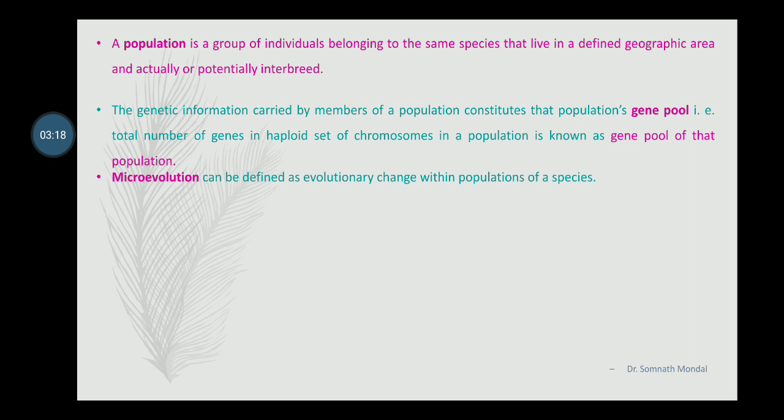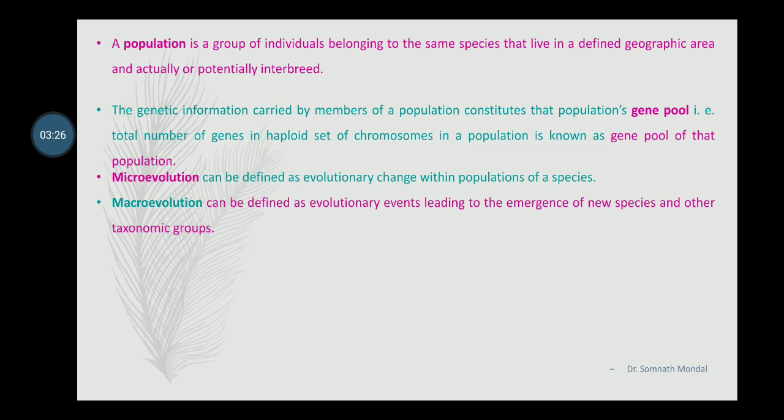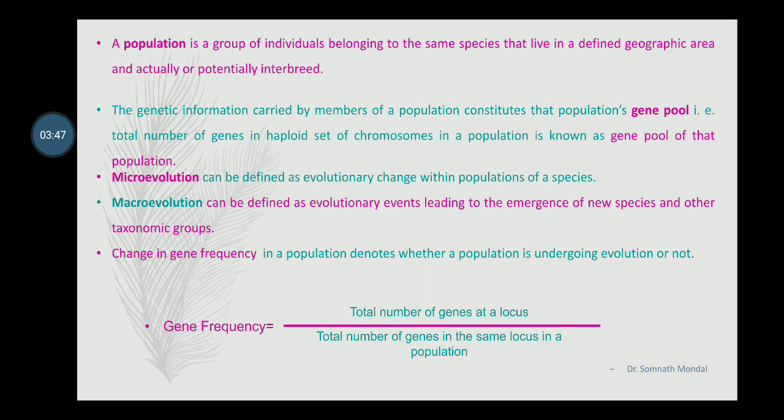Microevolution can be defined as the evolutionary change within populations of a species, but macroevolution is the evolutionary event leading to the emergence of a new species or other taxonomic groups. Change in gene frequency in a population denotes whether a population is undergoing evolution or not.